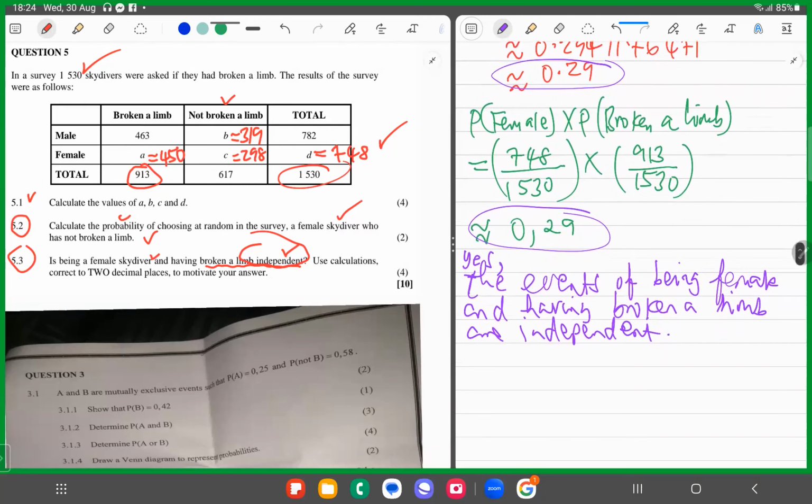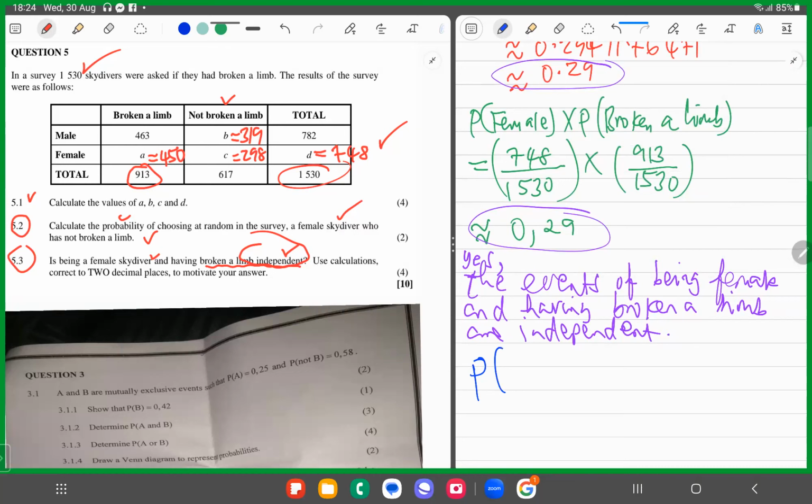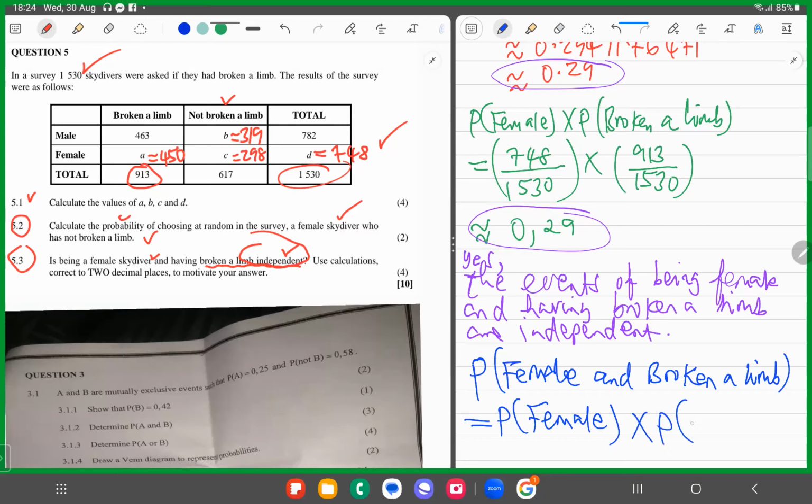And the conclusion, obviously, is that with independent events, I want to bring to attention that the probability of female and broken a limb is the same as the probability of female multiplied by the probability of broken a limb.